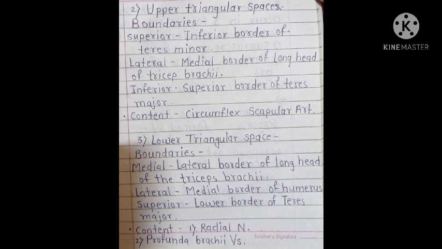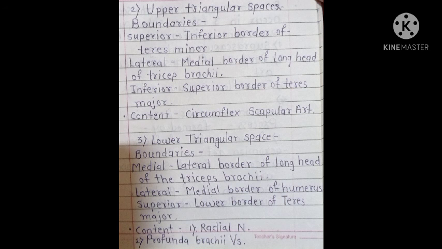Then the upper triangular space. The boundaries of the upper triangular space are superiorly the inferior border of the teres minor, laterally the medial border of the long head of the triceps brachii, inferiorly the superior border of the teres major muscle, and the content of the upper triangular space is the circumflex scapular artery.